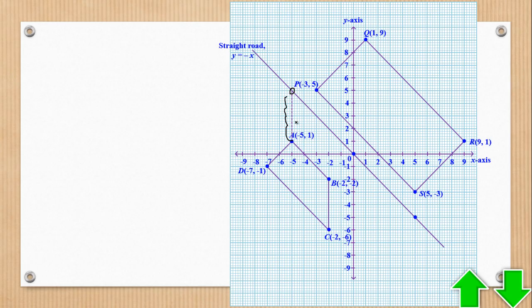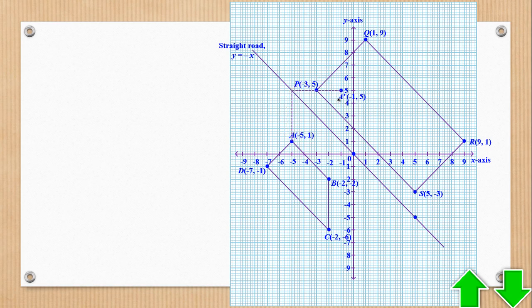If I move vertically from the object to the mirror line, then from the mirror line to the image, I should move horizontal. So this is horizontal 1, 2, 3, 4. Good. Now I've located my point A prime. I put A prime to distinguish it from A. A is the object, A prime is the image of A.